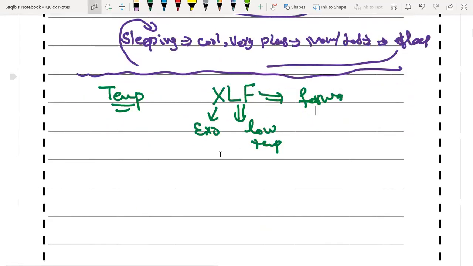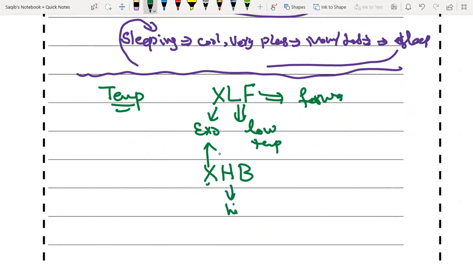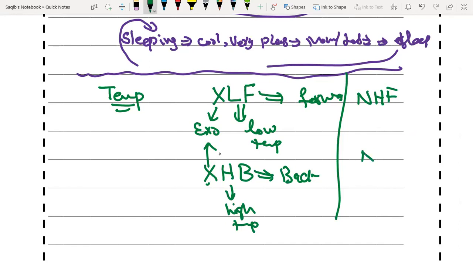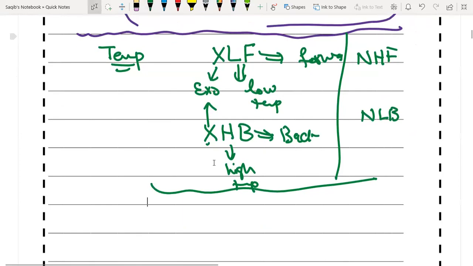If you are applying high temperature for an exothermic reaction, the reaction will move backward. So it is the opposite for endothermic: for endothermic, high temperature moves forward, and applying low temperature at equilibrium will move toward the backward. So this is the code to understand the temperature concept.